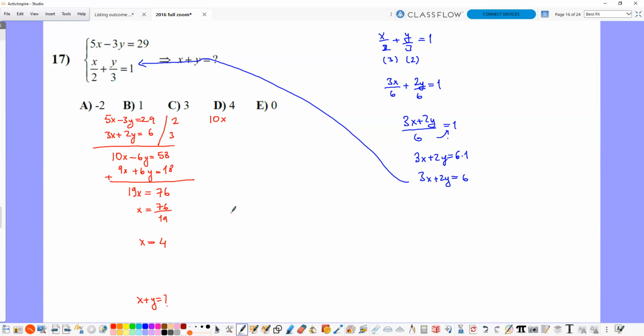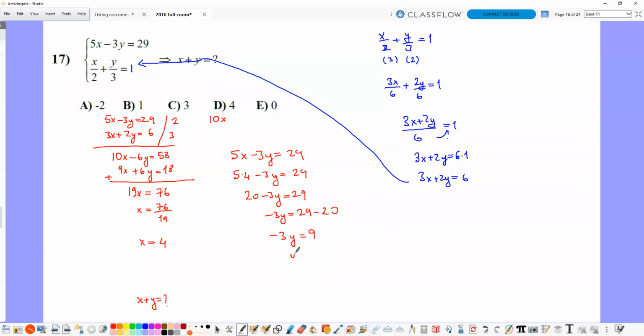Here, which one you use is of no importance, but 5x minus 3y is equal to 29, and if you find that x is equal to 4, that's going to be 20 minus 3y is equal to 29. Minus 3y is equal to 29 minus 20, minus 3y is equal to 9.